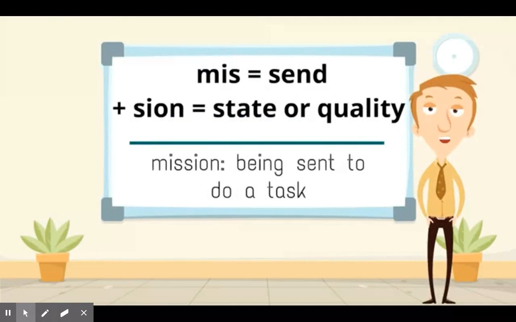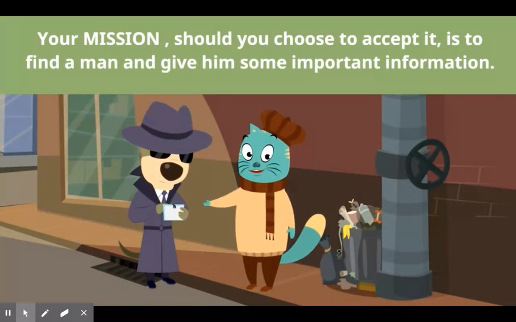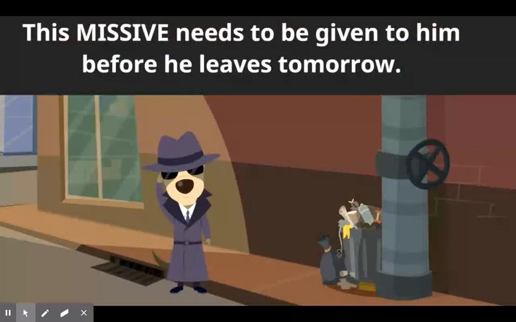Miss, meaning send, plus shun, meaning state or quality, make a mission, being sent to do a task. Your mission, should you choose to accept it, is to find a man and give him some important information. Miss, meaning send, plus iv, meaning tendency or quality, make a missive, something sent, like a letter. This missive needs to be given to him before he leaves tomorrow.